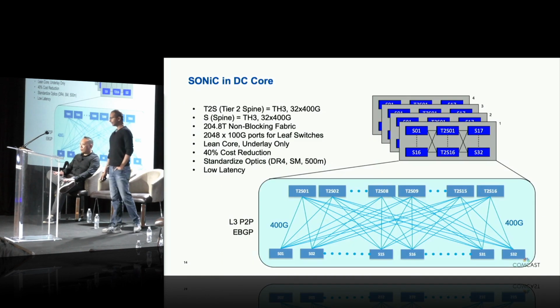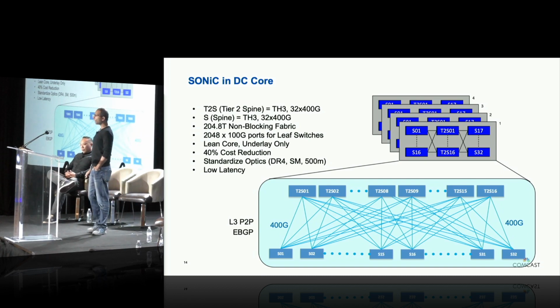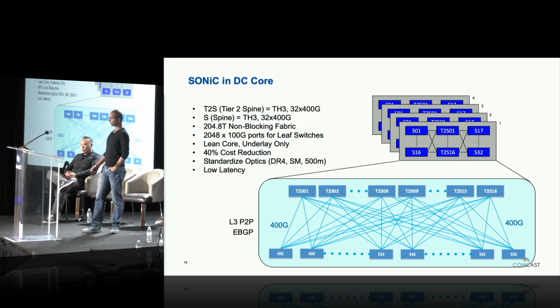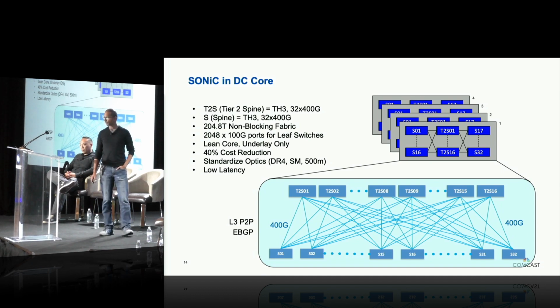So the DC core is kind of a contained unit. It's like a block that we can repeat in different quads. Each unit looks like 48 switches, 32 spines, and 16 tier 2 spines. They're all the same kind of switch, same SKU, Tomahawk 3 based 32 by 400 device.